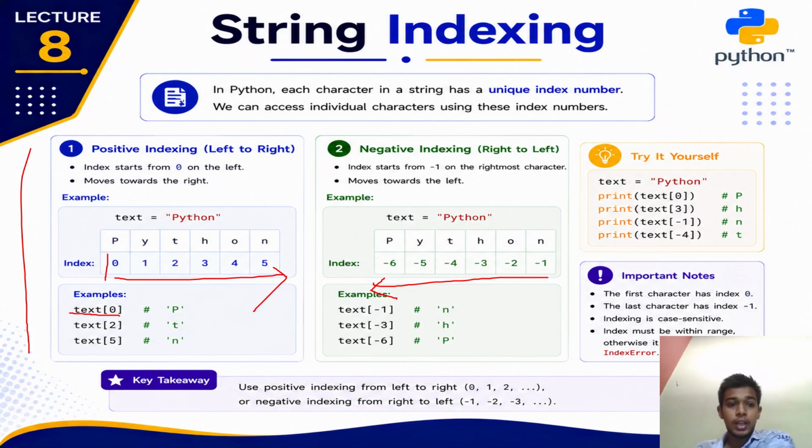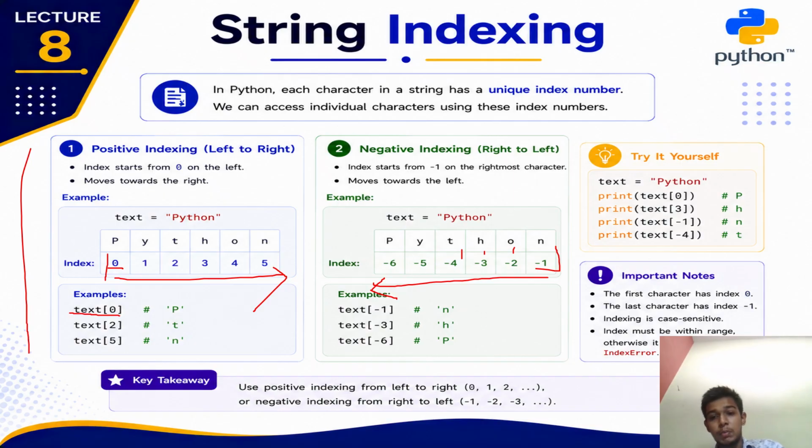In positive indexing, it starts from 0, but in negative string indexing, it always starts from -1. Like for the same word Python, N has index -1, O has -2, H has -3, T has -4, Y has an index of -5, P has an index of -6.